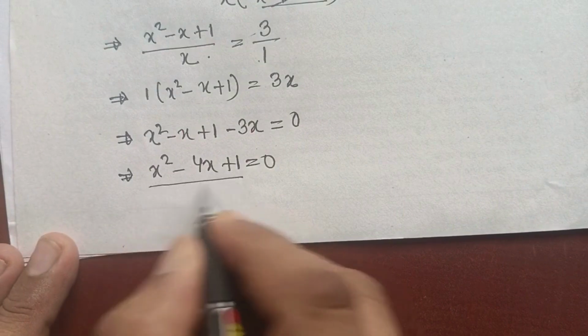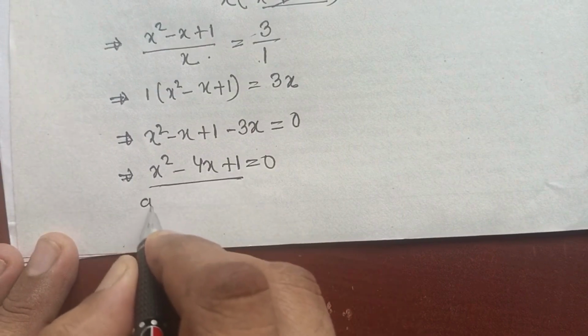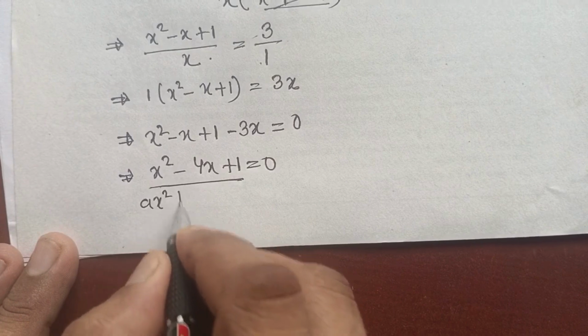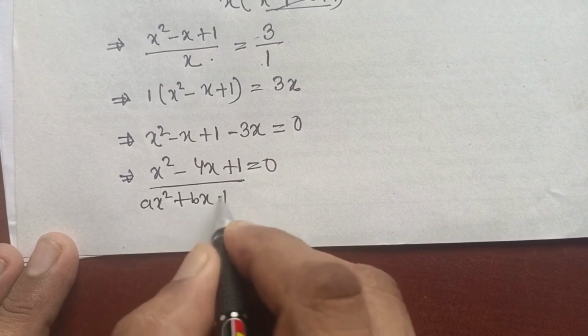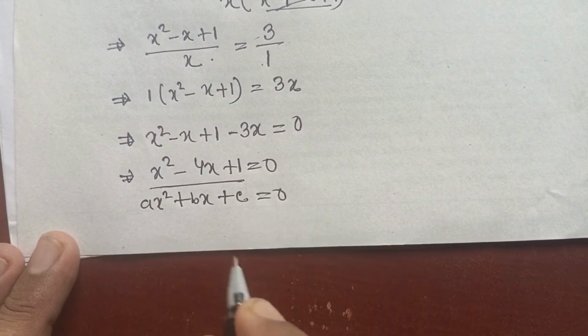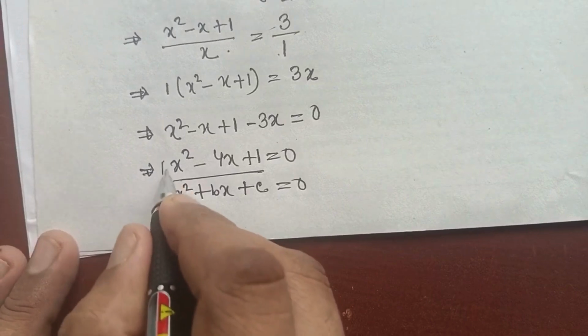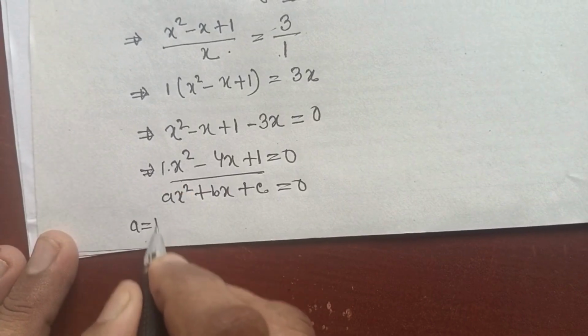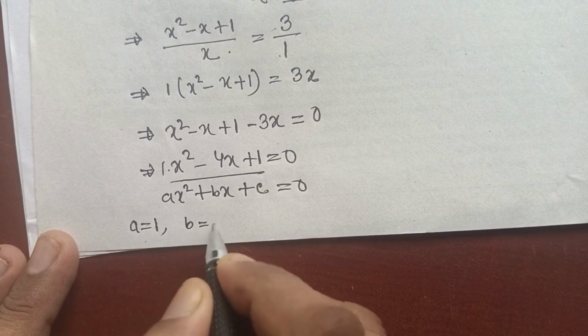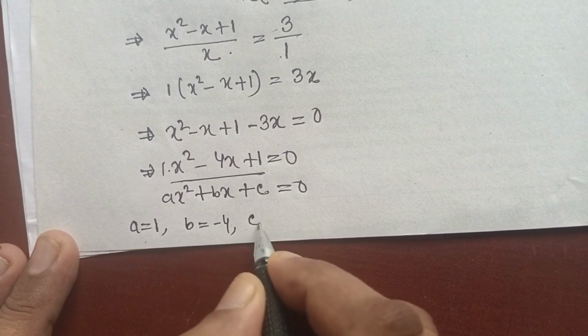So this equation is a quadratic equation, and the standard quadratic equation is ax^2 + bx + c equal to 0. So if we compare, we get a equals 1, b equals minus 4, and c equals 1.